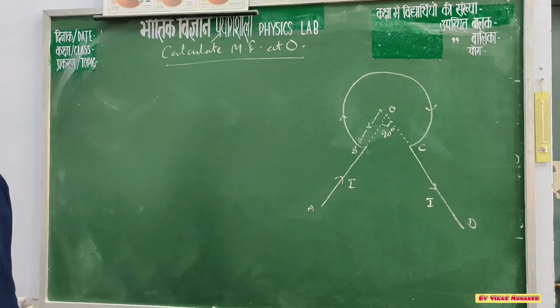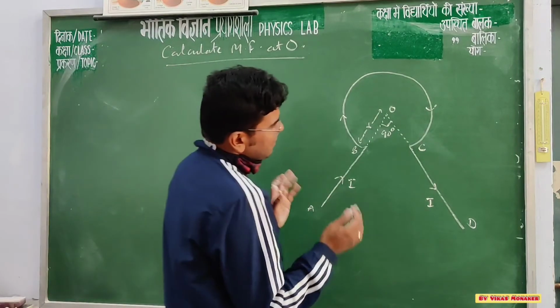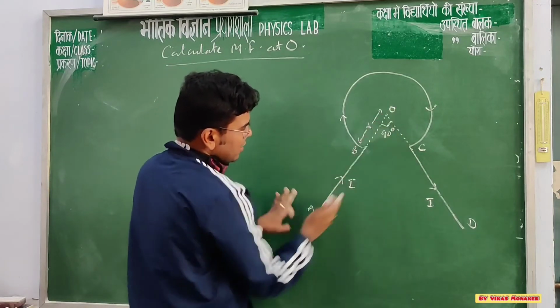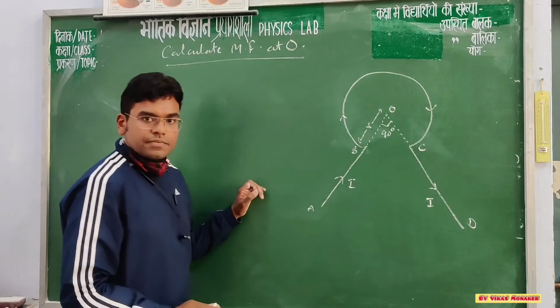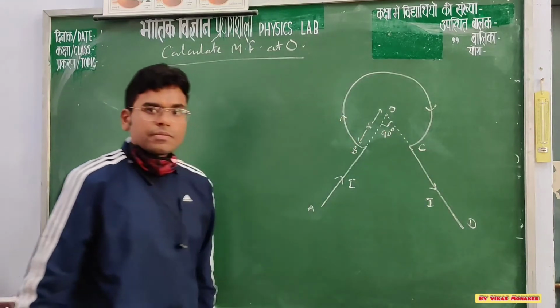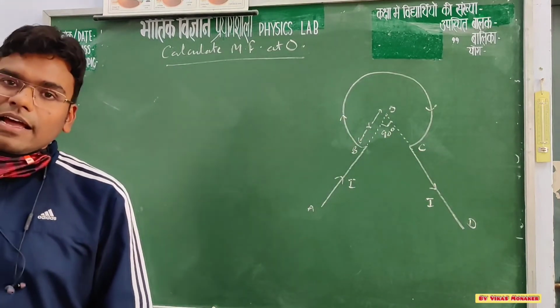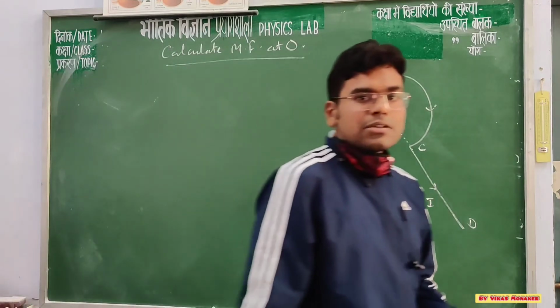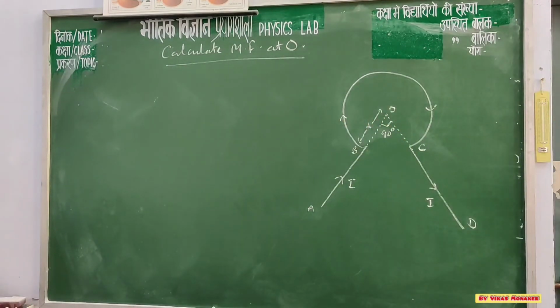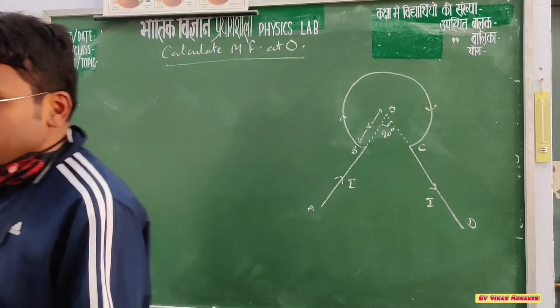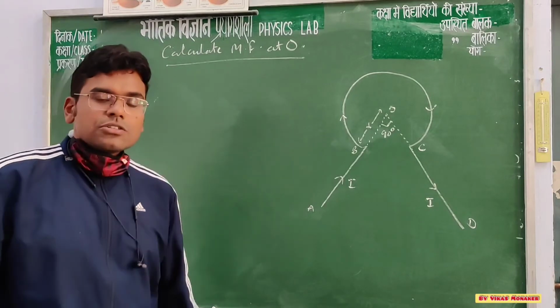You think about it, how to calculate the magnetic field due to this entire pattern at point O. If you see the figure carefully, you will find this point O is lying on the axis of the wire AB. Very similarly, point O is lying on the axis of the wire CD. As I told you, if the point of observation is lying on the axis of the current carrying wire, then the magnetic field at that point will be 0, because it will make 0 degree.